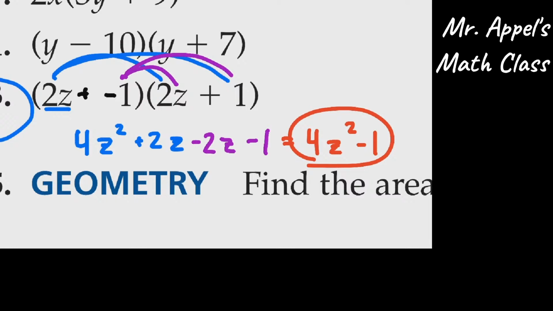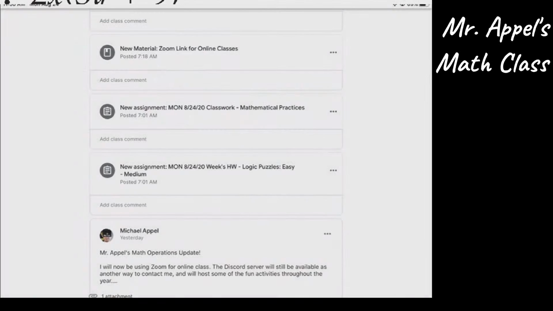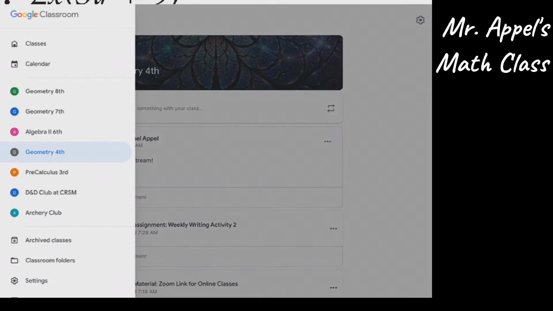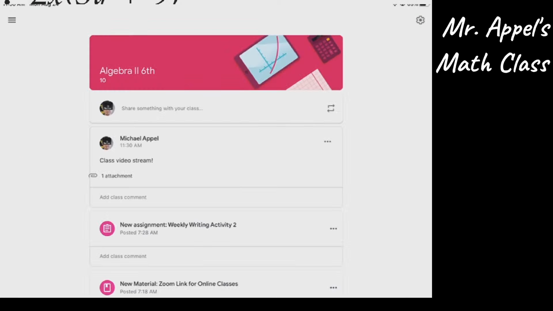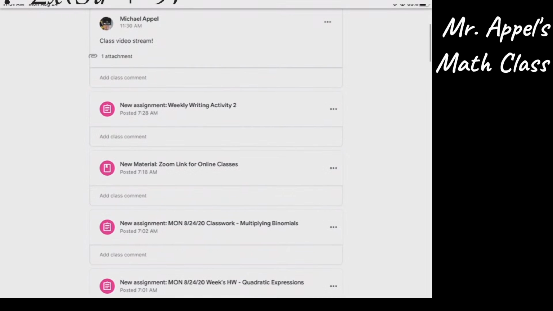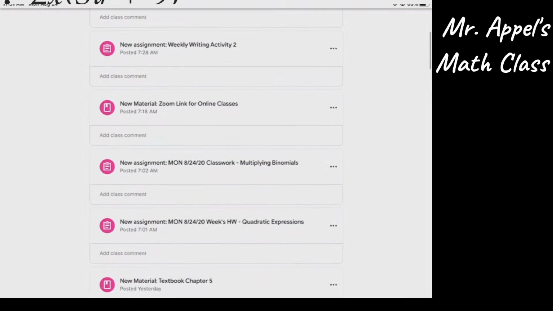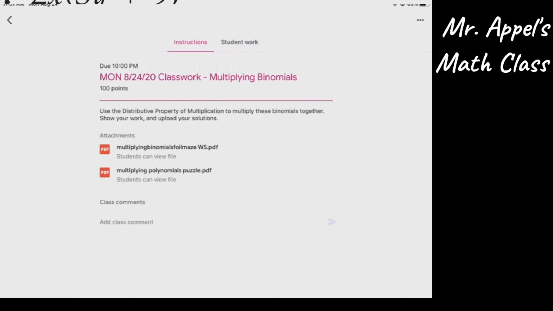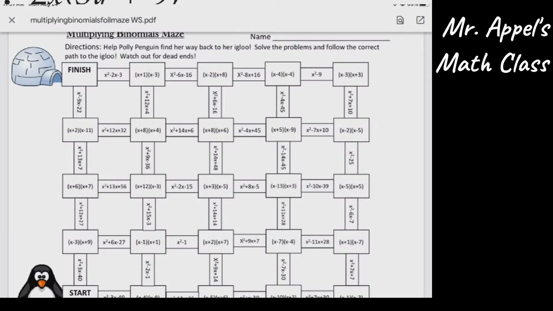So with that then, go ahead and find your worksheet on Google Classroom. Pull up the Monday classwork. And I had to change this a couple times because I thought the very same thing, like, we're just multiplying binomials?